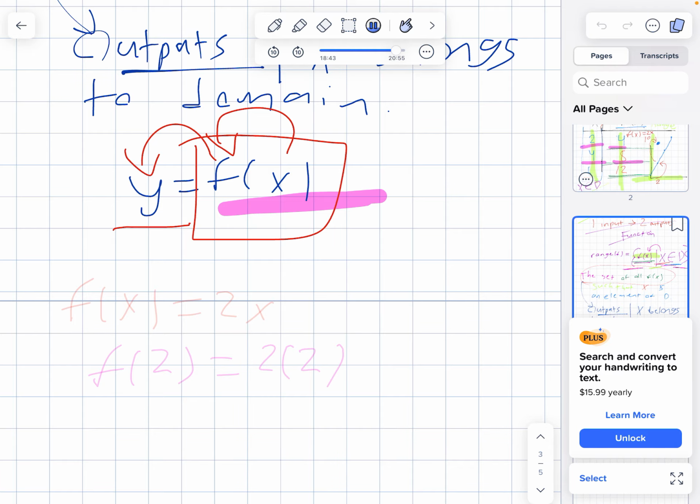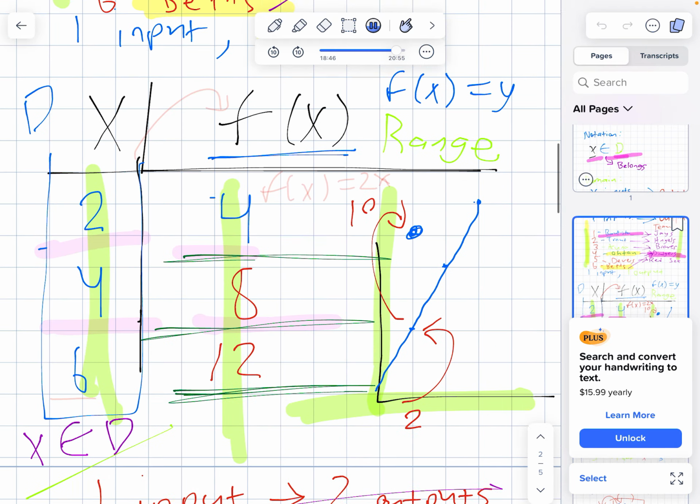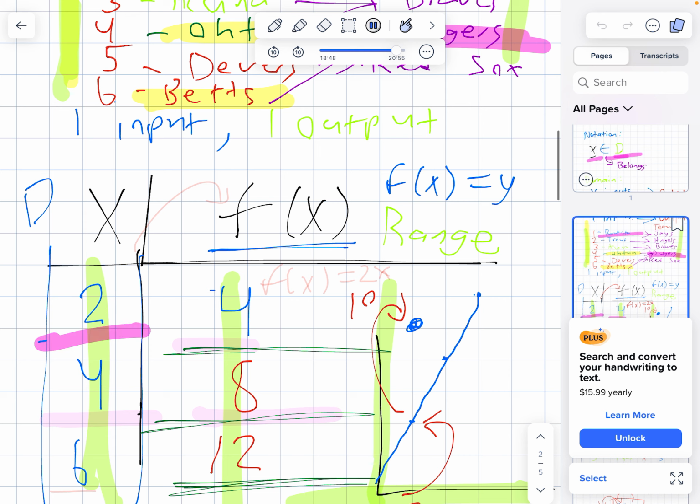Let's see how we did that above. When we put an x into f of x, we get 4. When we put an x into f of x, we get 8. And when we put an x into f of x, we get 12. In this case, the relationship is a line.